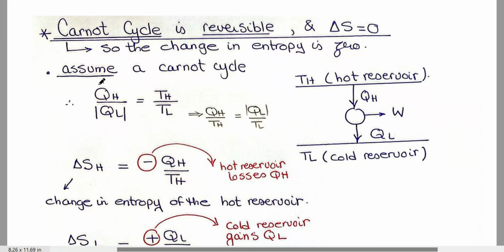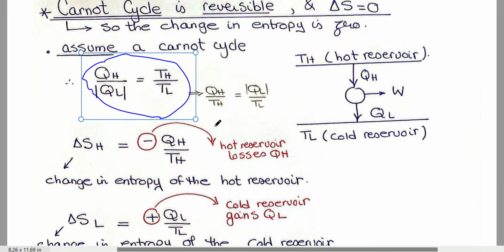From Carnot, we know that QH over QL equals TH over TL. I will get the change in entropy of the hot reservoir and then the change of entropy of the cold reservoir, then add both to get the total change of entropy of the system.